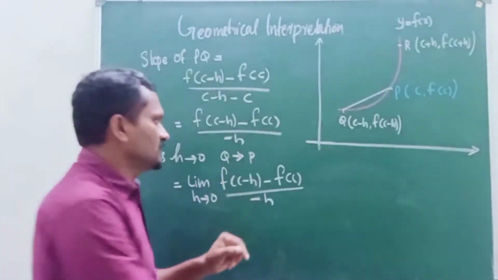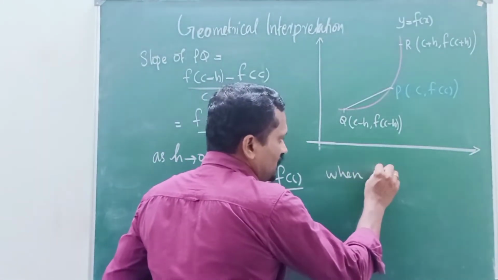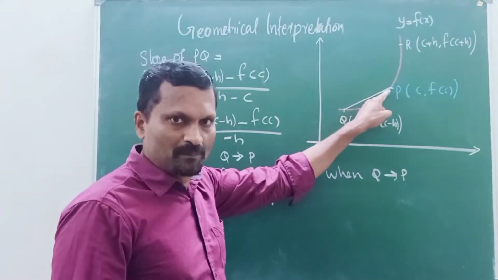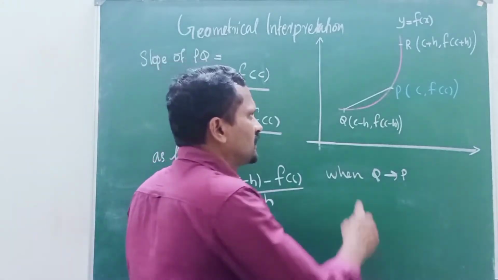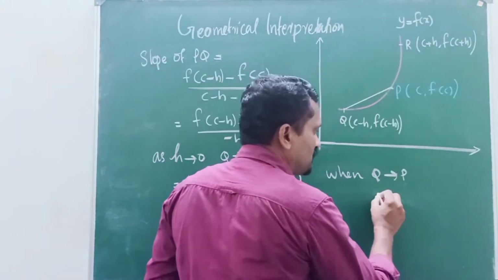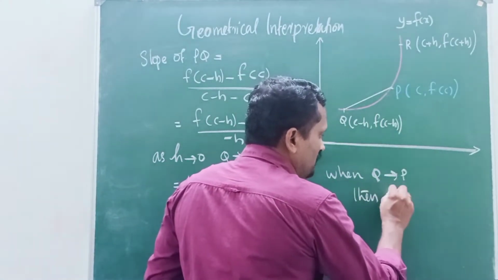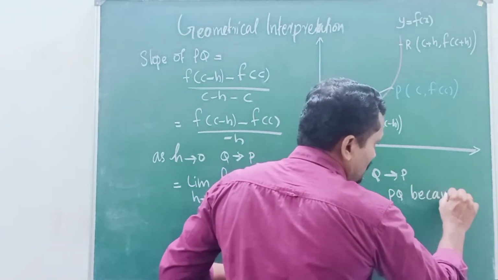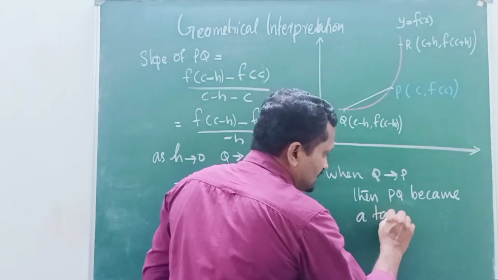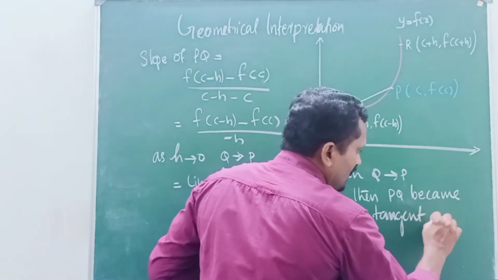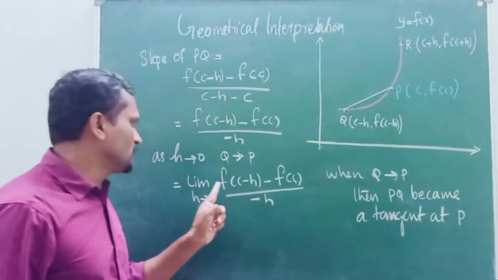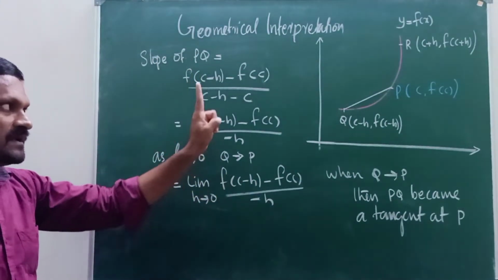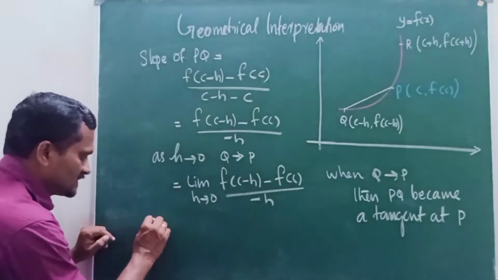In the figure, when Q tends to P, then chord PQ becomes a tangent at P. Therefore, the slope of chord PQ becomes the slope of the tangent.